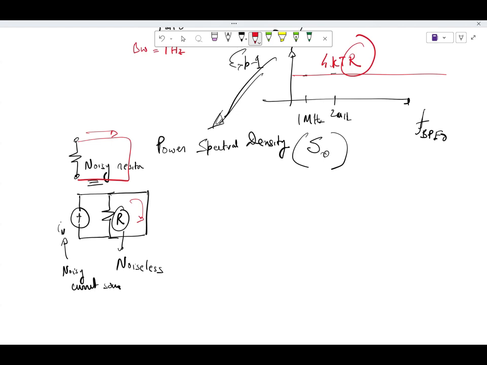Similarly, if I have this formulation, it's not a stretch to imagine I should have this formulation also: a voltage equivalent and a series resistor R, basically the Thevenin form. In the next class, we will see how to model this in terms of the power spectral densities, and then what impact it has in our overall analysis. You are going to see how reciprocity helps in this analysis. Okay, fine. We'll stop here. Thank you.